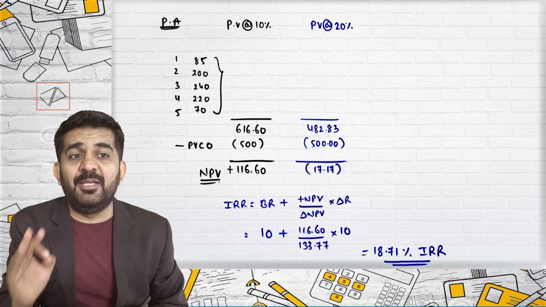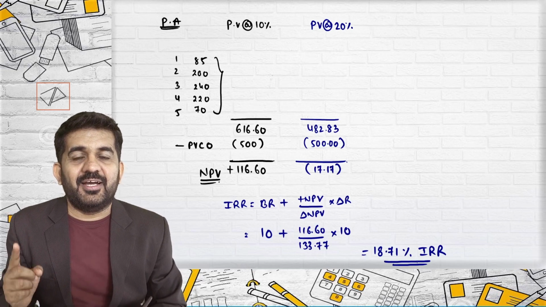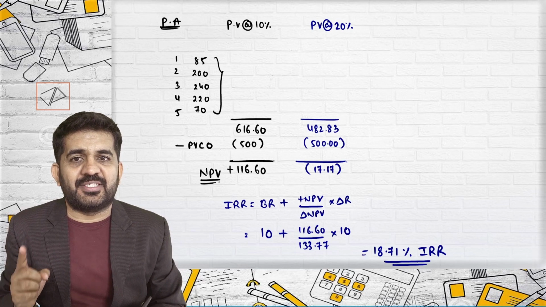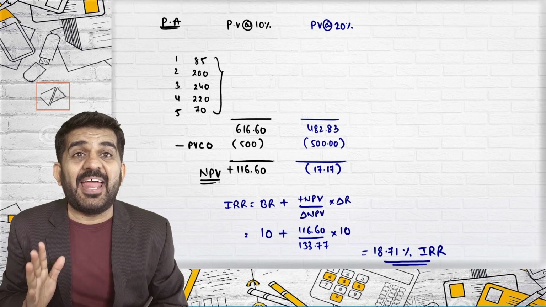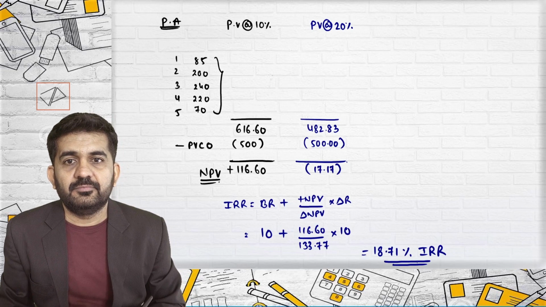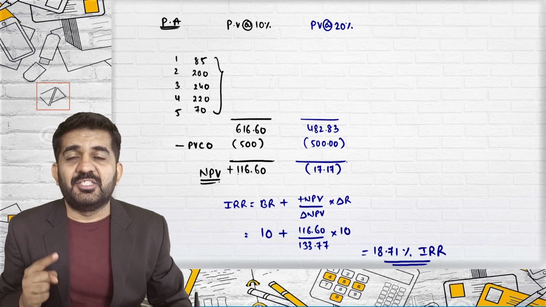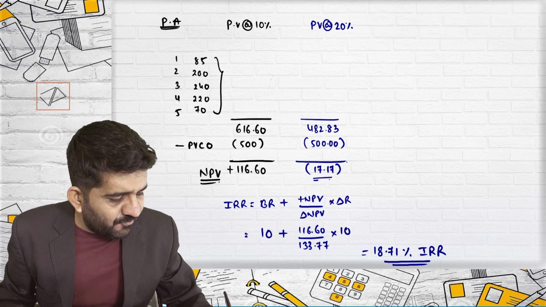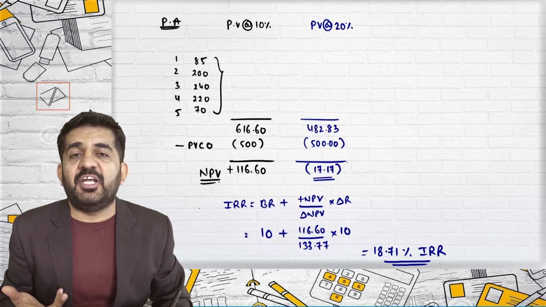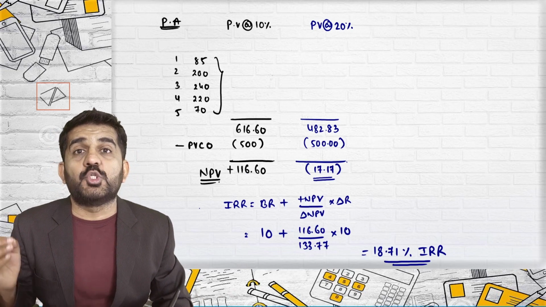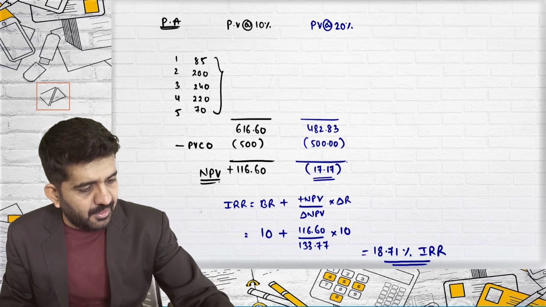What is my NPV? 116.60 or 17.17? What is my NPV? 116.60. The reason I am finding out this negative 17.17 is only to find out IRR.